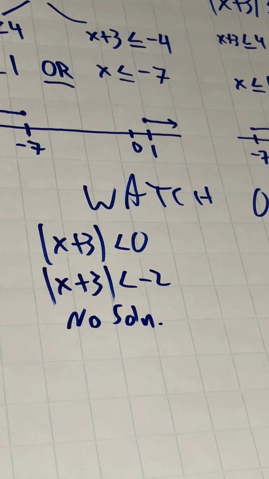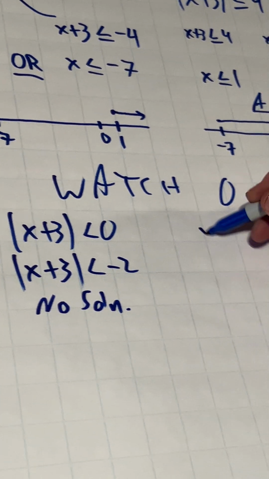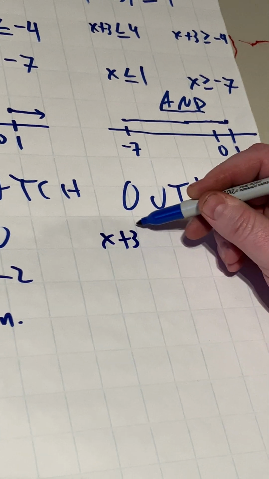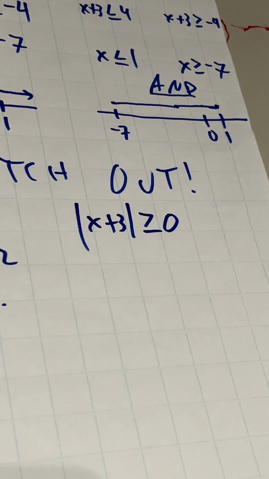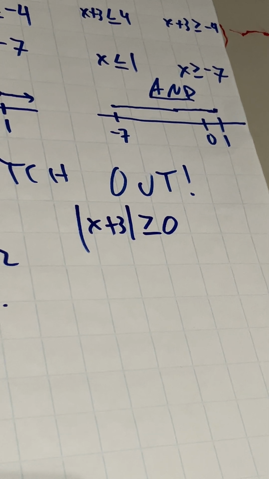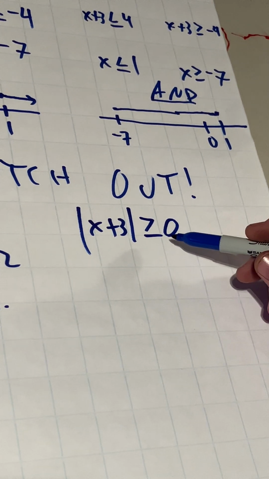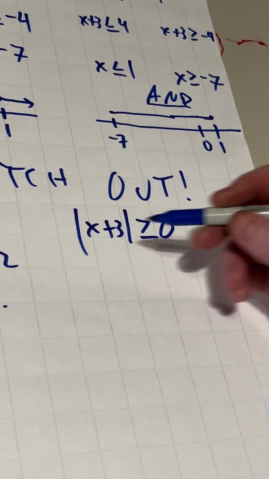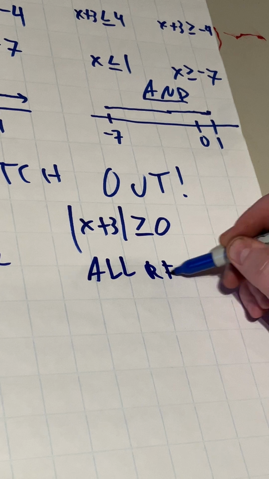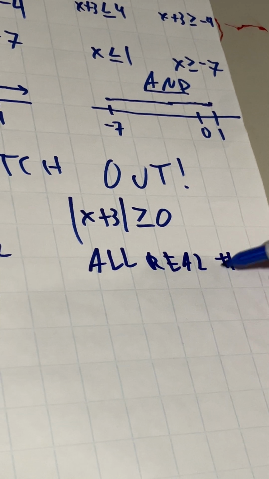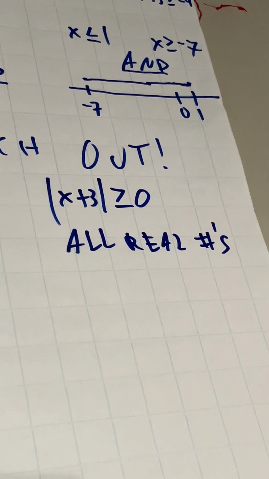Okay? Now, similarly, let's say I have the absolute value of x plus 3 is greater than or equal to 0. Well, I don't even need to solve this or anything. I already know literally anything is going to work for x here.